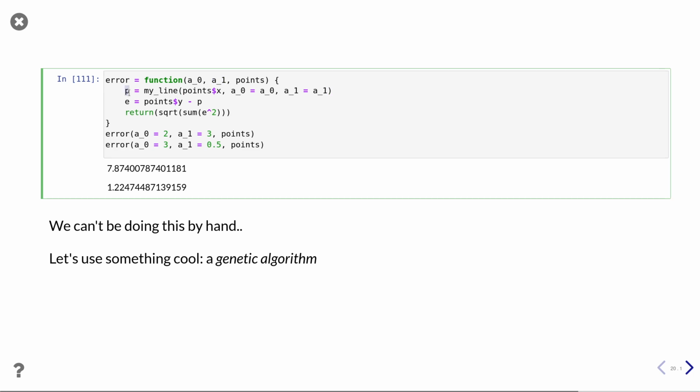Once it has these values, maybe let me make this more explicit. Let's call it y tilde. So I compute my y tilde, and my error is then the original value minus the values at the y tilde.